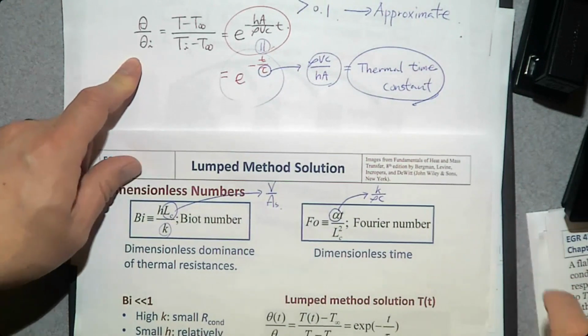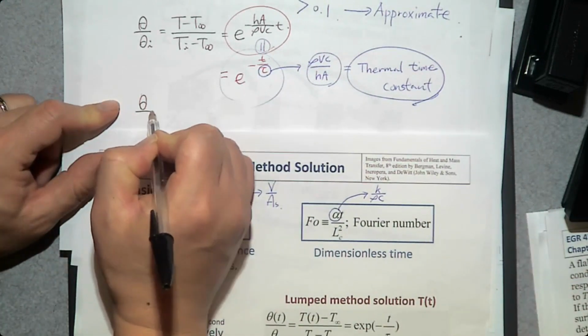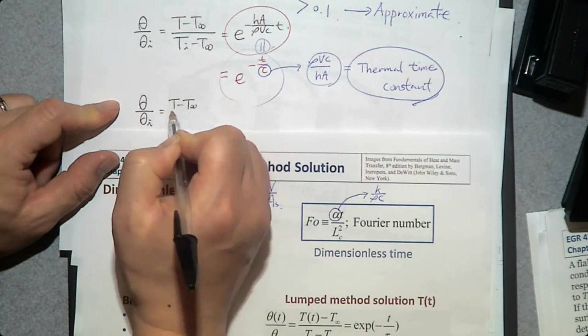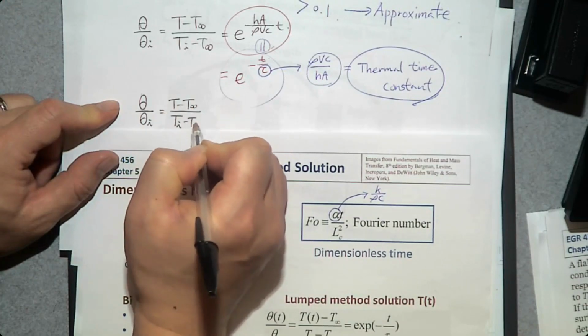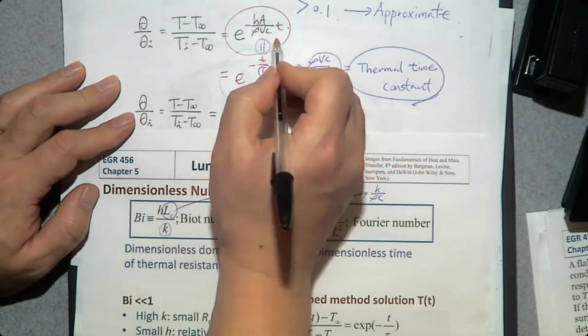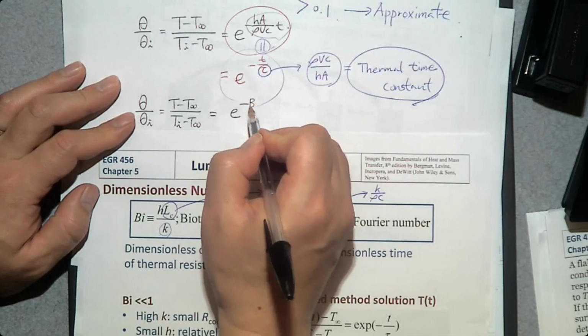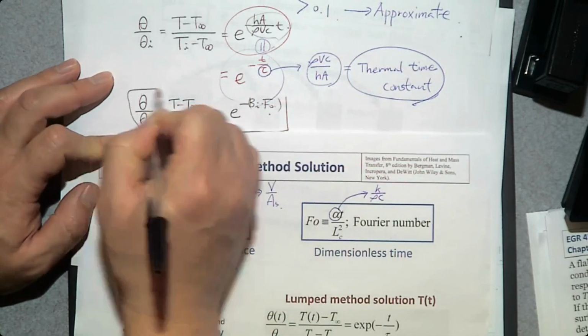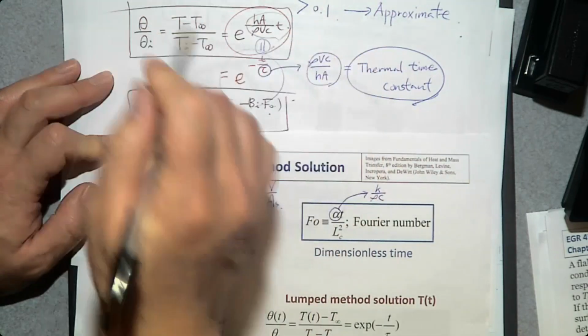So this one, theta over theta i, which is (T - T∞)/(Ti - T∞), can also be written as e^(-Bi·Fo). They are the same thing.